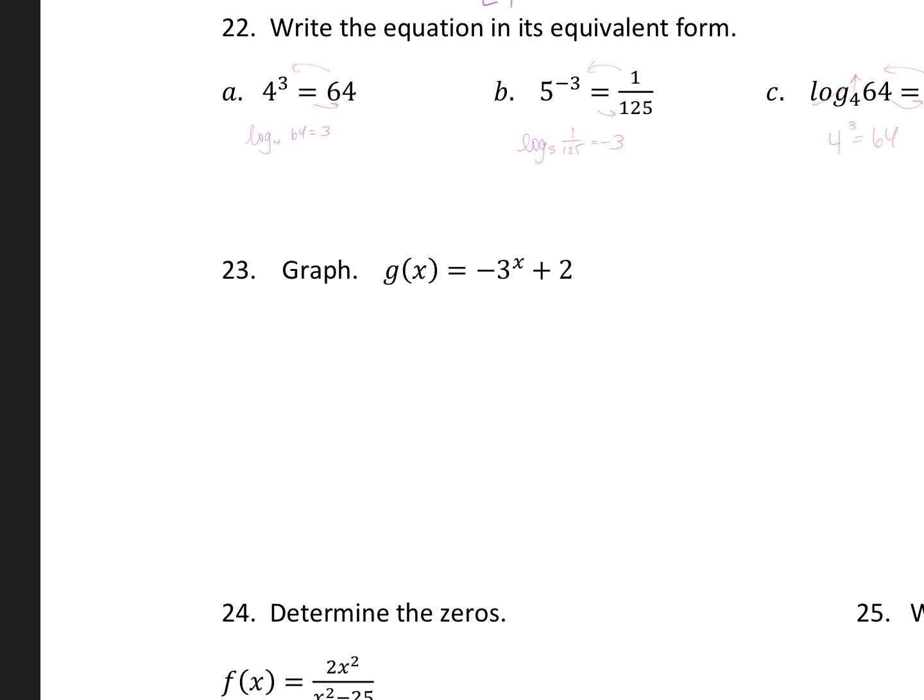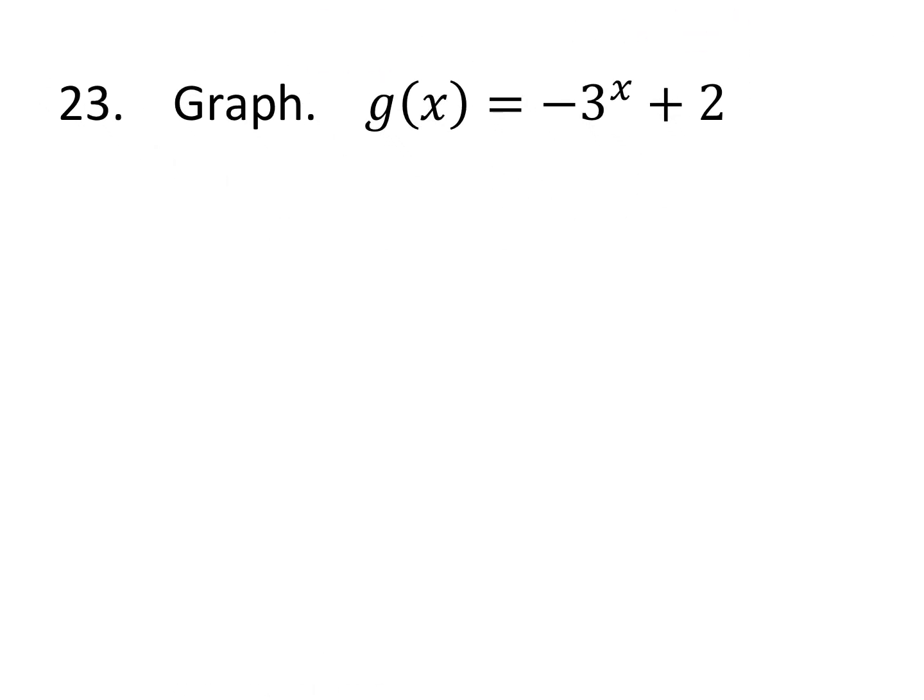All right, if you guys are going to graph, remember, I'm going to go through this very quickly. What are you going to have on your test? What are you going to have on your desk that you're going to be able to use? A calculator. So just make a table of values for something like this. Maybe 2 negatives: -2, -1, 0, 1, and 2. Plug it in, graph it.